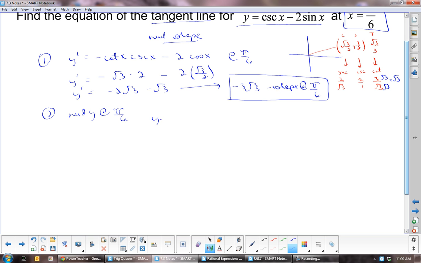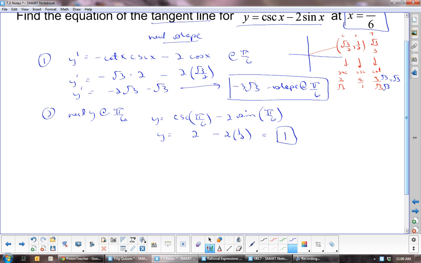Okay, so then y equals cosecant pi over 6 minus 2 sine pi over 6. And we can still use the same graph that I drew already. Cosecant pi over 6 is 2. Minus 2 times sine pi over 6 is 1/2. So that's 2 minus 1. That is 1.